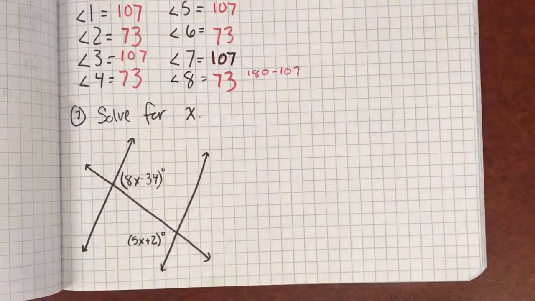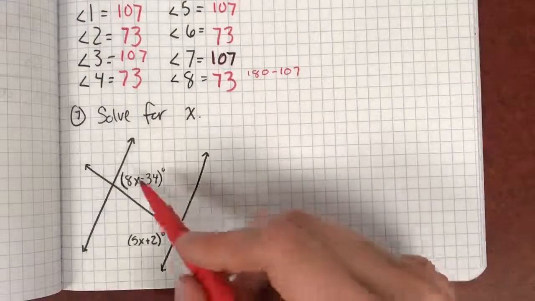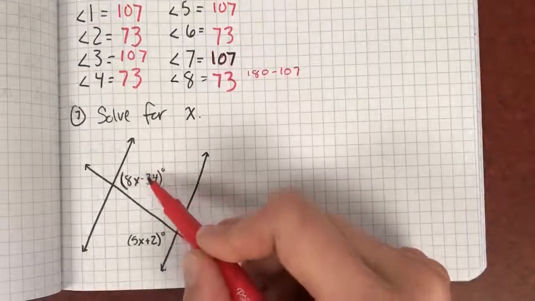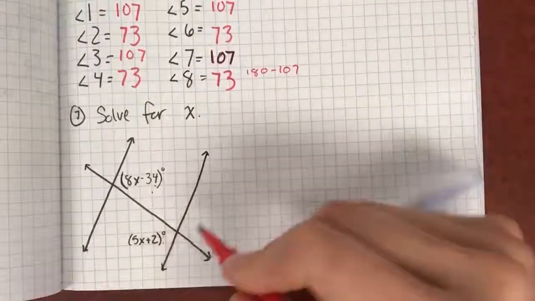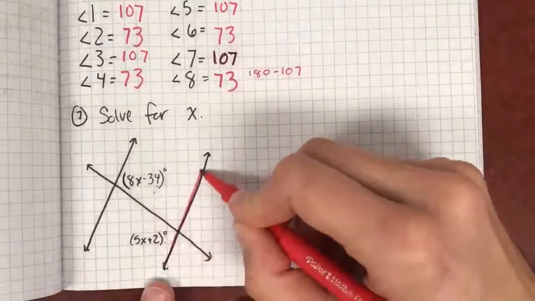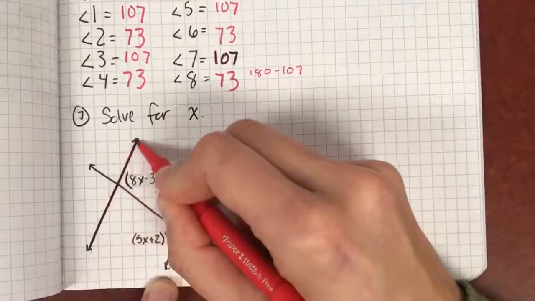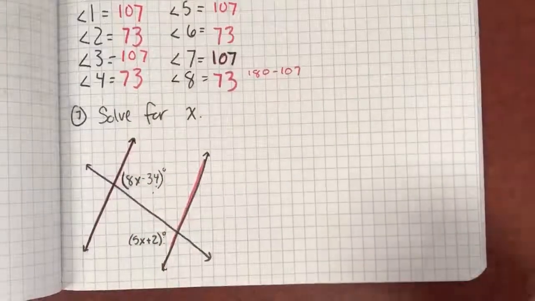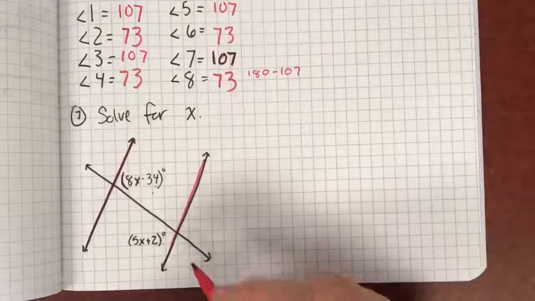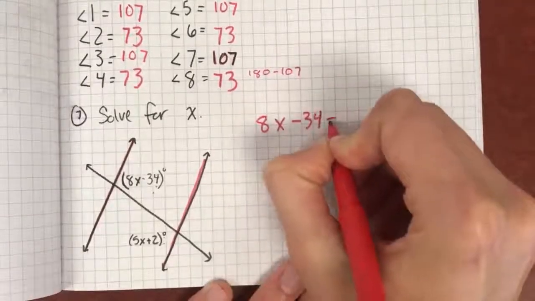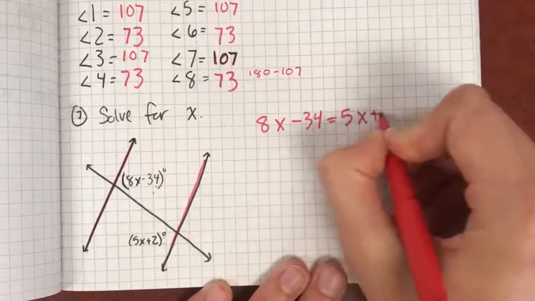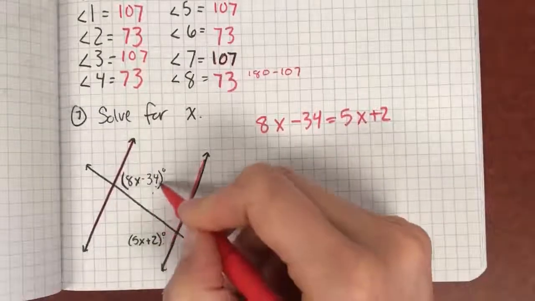All right, our next one, the type of angles these are alternate because they're on opposite sides, and they're inside of my two parallel lines. So they're inside these red lines. And so we know that those are the same angle. So I'm going to say 8x minus 34 equals 5x plus 2, because those are going to be congruent.